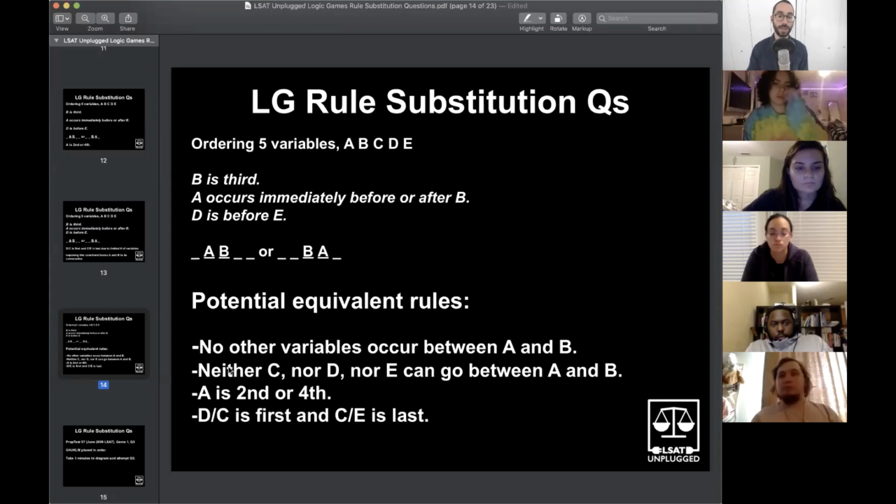None of C, D, or E is in between A and B. So if nothing else is in between, and those are the only 5 variables, well, then A and B must be next to each other. Putting A on 2 or 4, well, if B is on 3, it's, again, side by side, and then that last one indirectly leads us to have A on 2 or 4. So these rule sub questions are asking you, again, for something with an identical consequence that is phrased very differently, but leads to the same result.